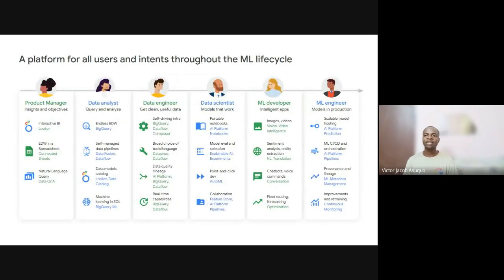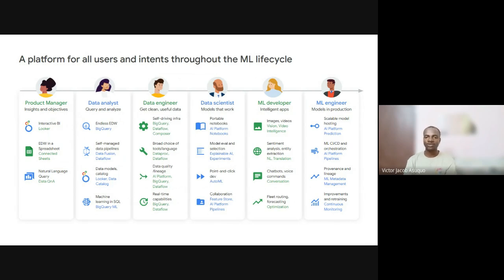I've used Vertex AI and Google Cloud a lot to deploy machine learning applications. It is a platform for all users and intents through the ML lifecycle. That's what Vertex AI is.